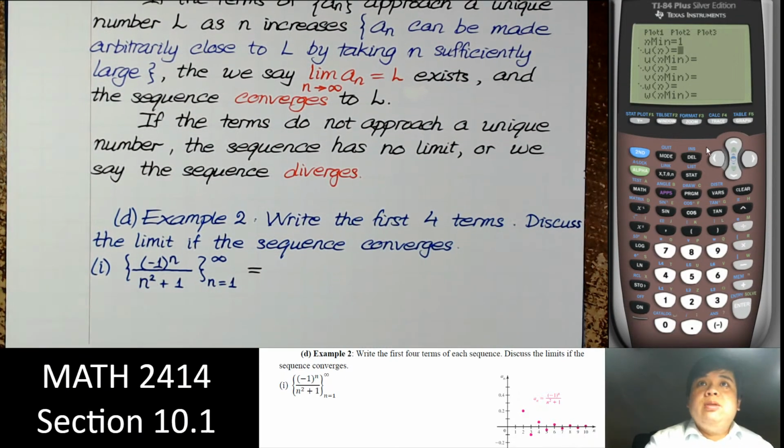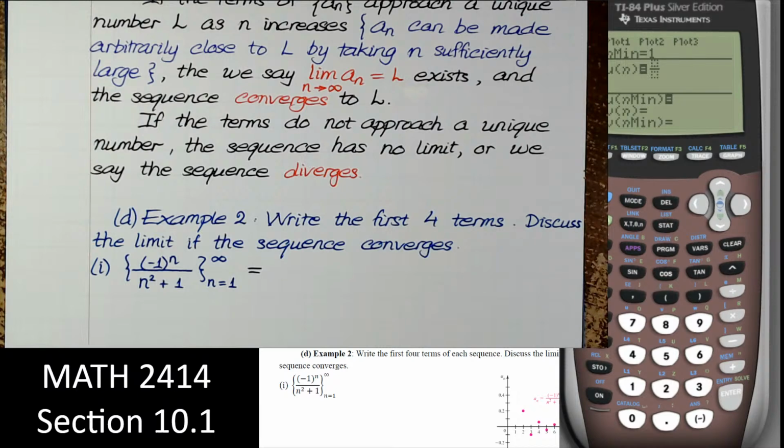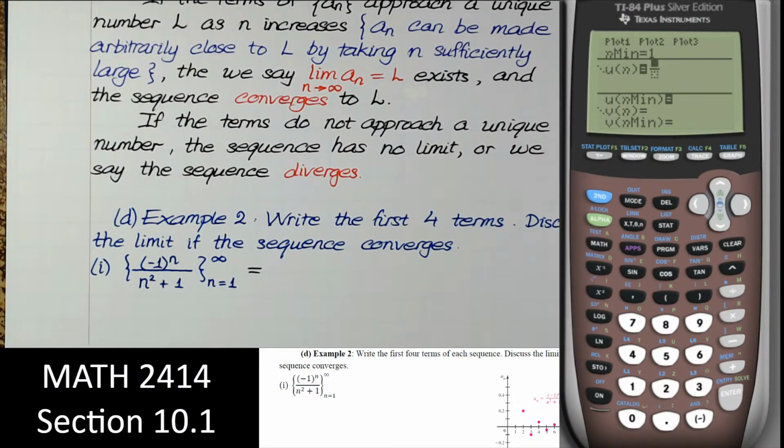And we enter this sequence. Right? So, alpha y equal to, that is the fraction, kind of small, sorry, -1 to the n power divided by n squared plus 1. Right. And we don't hit graph.